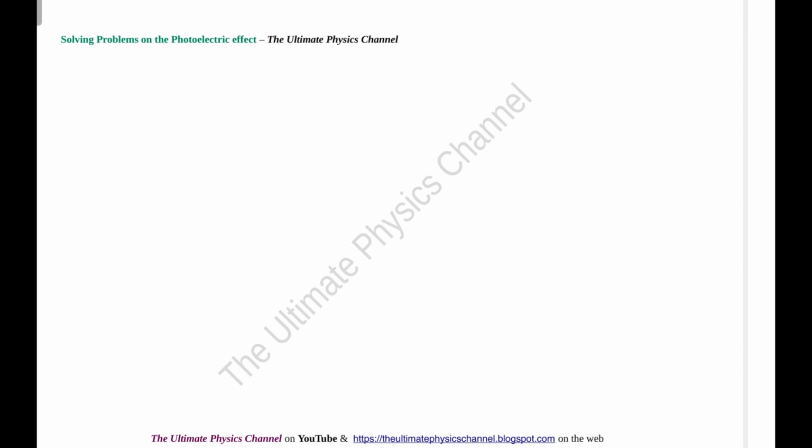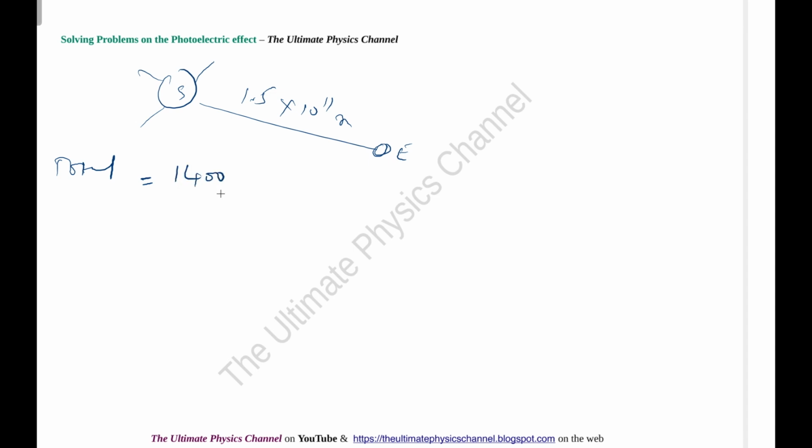Now the second part, what is being asked there is the power output of the sun, and the distance between sun and Earth is given, that is 1.5 into 10 power 11 meters, and the total power we can calculate. That is a power of 1400 watts per meter square is given, and over a sphere, let's say here the sun is emitting uniformly in all directions.